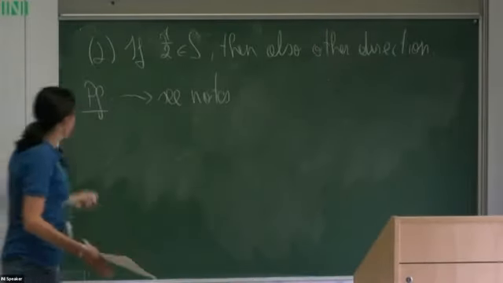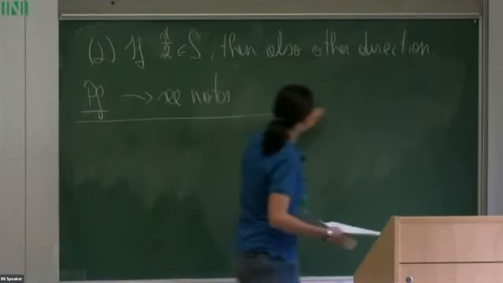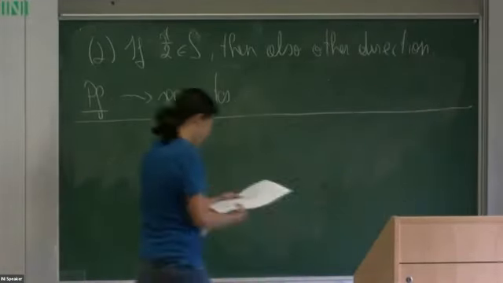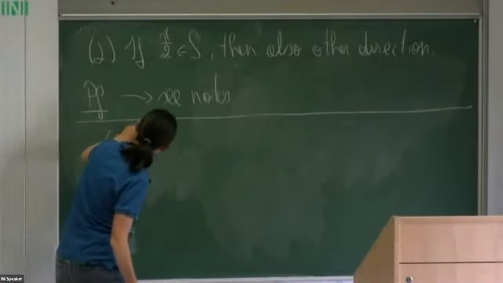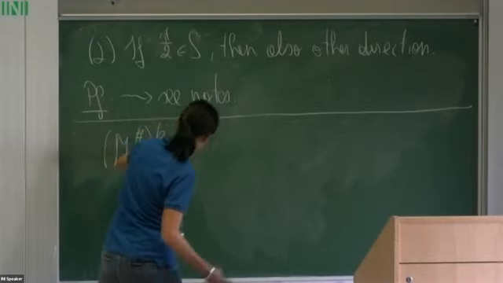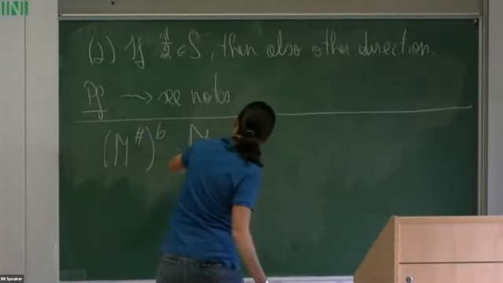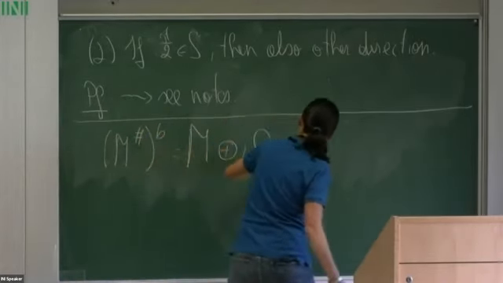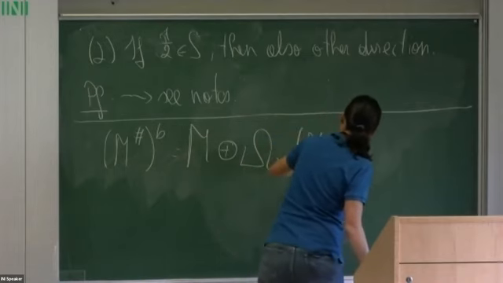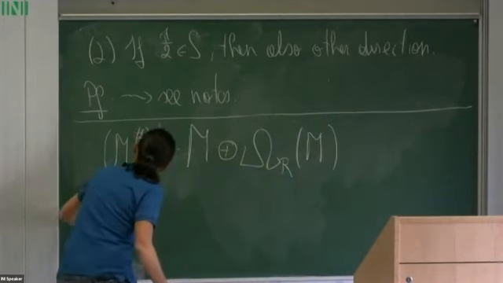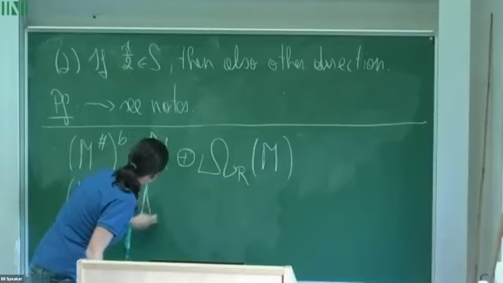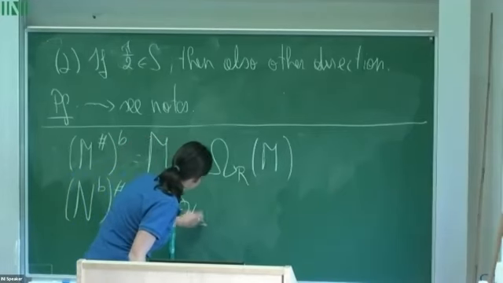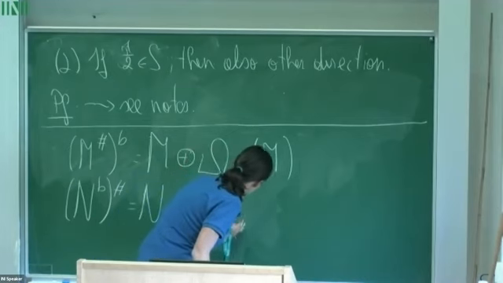And yeah, the one thing you should probably note is that we always have M sharp flat is M plus the syzygy over R of M, and also M flat sharp is just N plus the syzygy over R sharp.